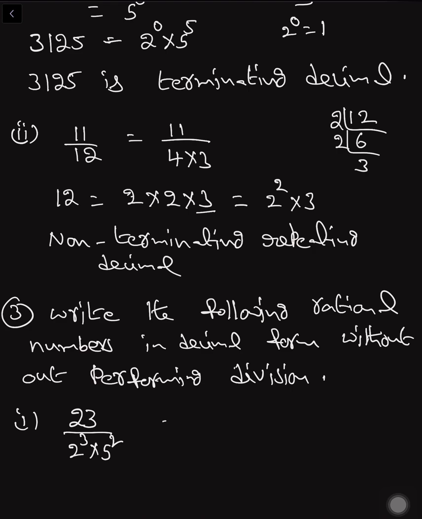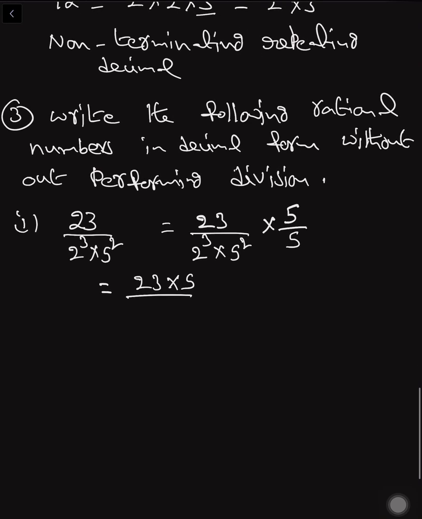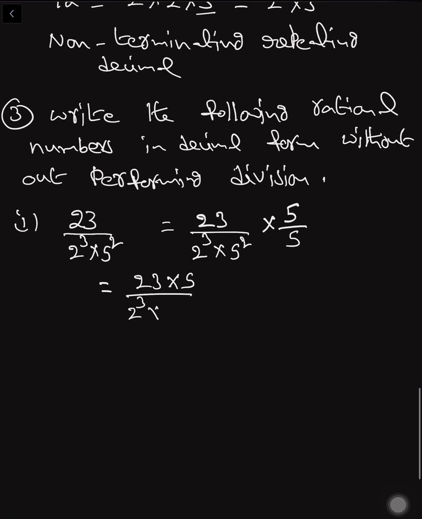Multiply both denominator and numerator by 5. So 23 into 5 by 2 to the power of 3 into 5 to the power of 2 into 5 to the power of 1.